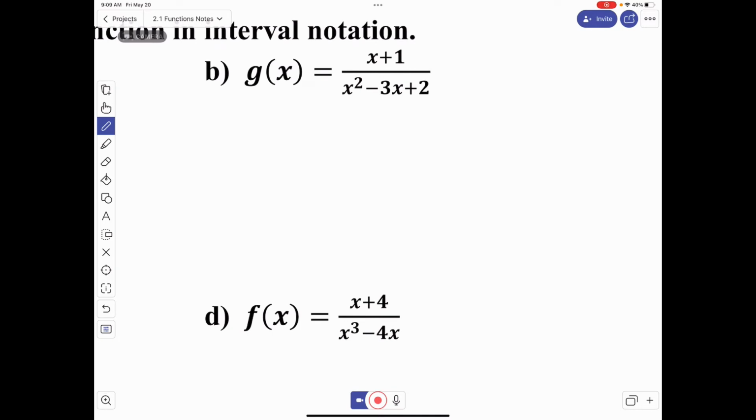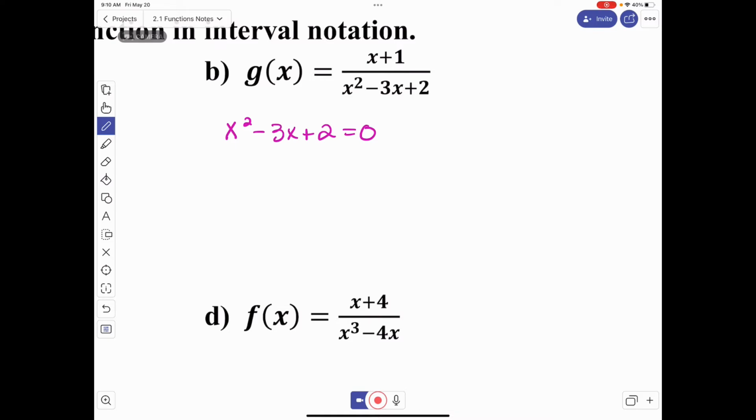Okay, on B. Now, the situation that we have in B is we have a fraction. Remember, in fractions, we can't divide by 0. We can't have a 0 on the bottom. So we're going to have places that cause us issues for our domain. So what we're going to do is take our denominator, and to figure out what it can't be, we're going to set it equal to 0 to figure out what numbers are going to give us problems, what will give us 0 on the bottom.